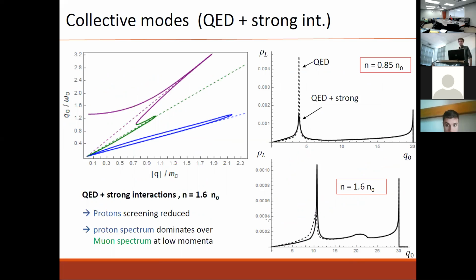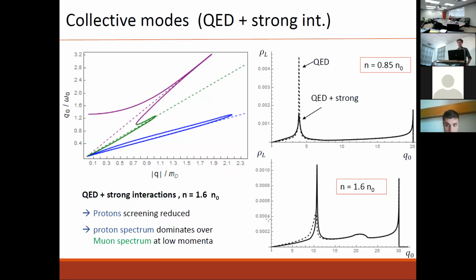Now the proton screening is strongly reduced. You can see the protons themselves have a perfectly well-defined excitation spectrum, and their spectral function dominates over the muons now. The muons are the ones who, at lower momenta, don't have a well-defined spectrum on their own anymore, and they merge with the electron mode.